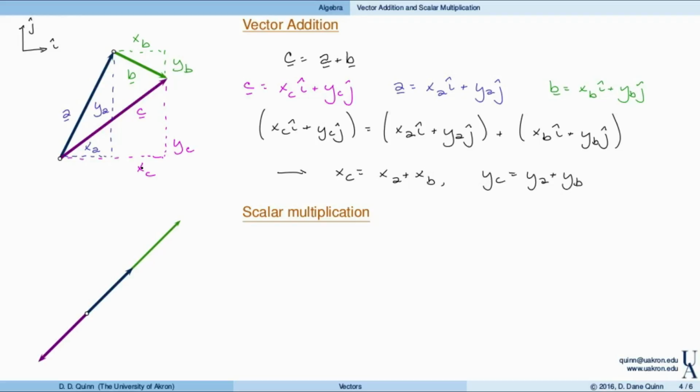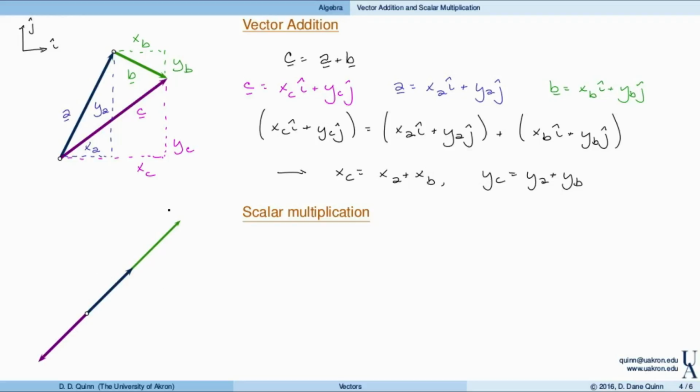And that makes total sense. So here, this value xc is the component of a in the i direction plus the component of b in the i direction, while yc is the component of a in the j direction and the component of b in the j direction. Once again, in this case, as drawn in this figure, yb would be negative. So we're able to relate the components based on this vector addition law.